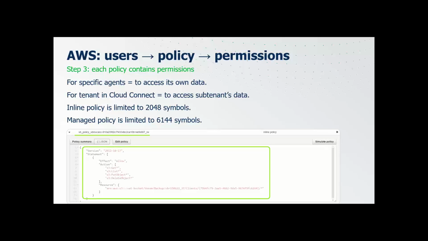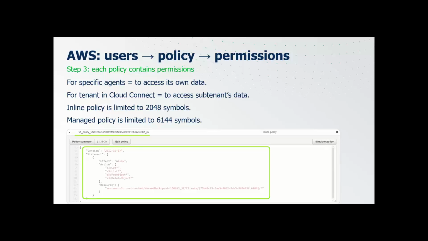The key point is that the resources this policy is authorized to access is not the entire bucket, but is just a folder of the bucket. Because if you read the URL, the starting point is bucket/veeam/backup. This is the starting point.